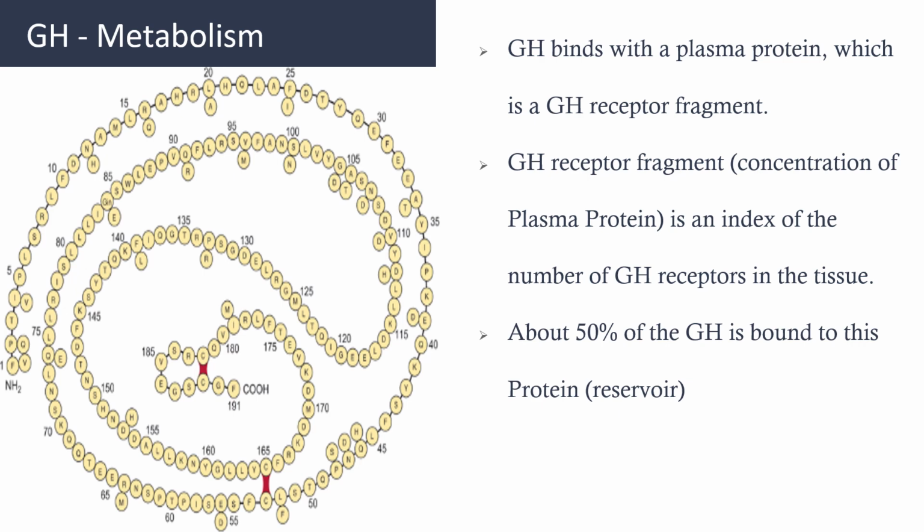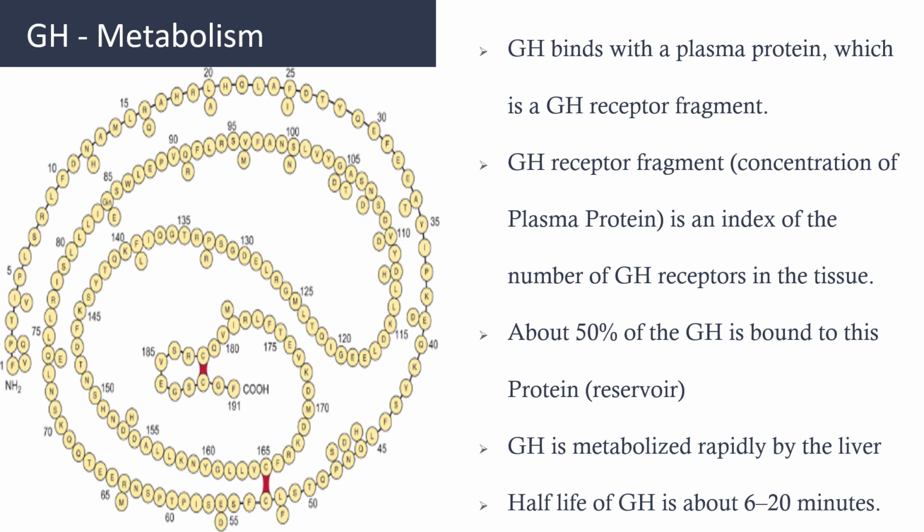About 50% of the growth hormone is bound to this plasma protein, the reservoir. Growth hormone is metabolized rapidly by the liver, so the half-life of the growth hormone is about 6 to 20 minutes.